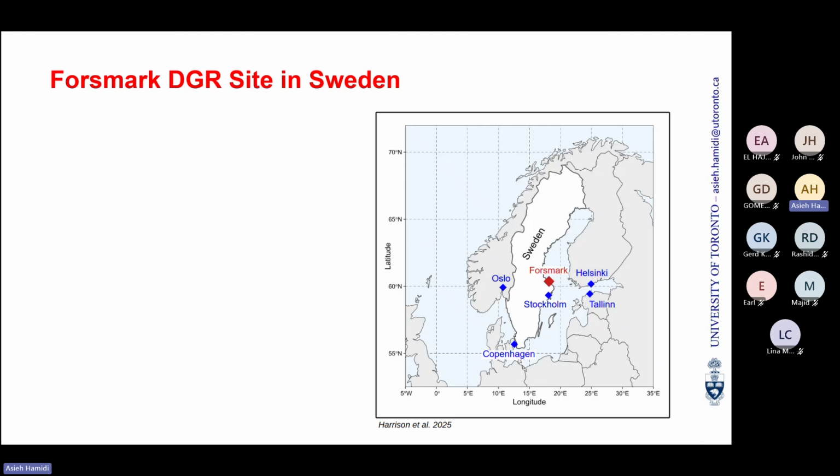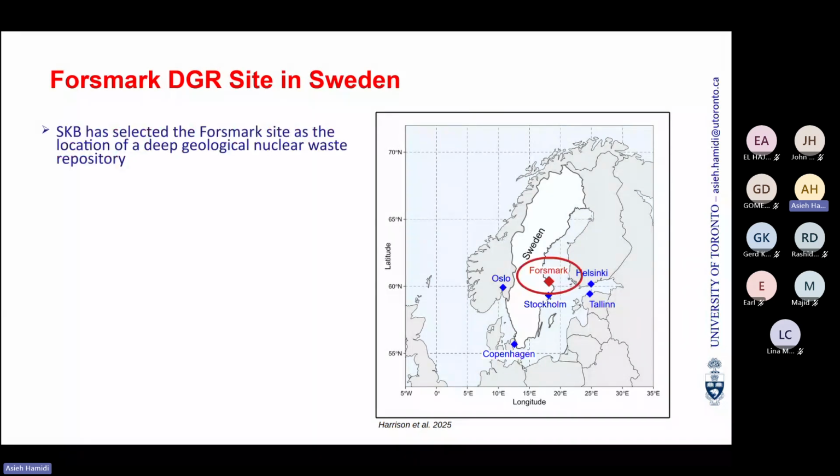I'd like to give you some understanding and background about the site that we are working on, and stress data characterization. Here is the Forsmark site in Sweden, eastern, close to the coastline and nearly above the city of Stockholm, selected by SKB for a deep geological repository for nuclear waste.